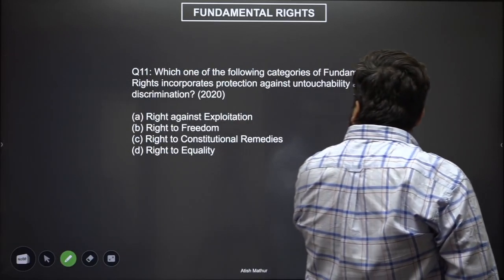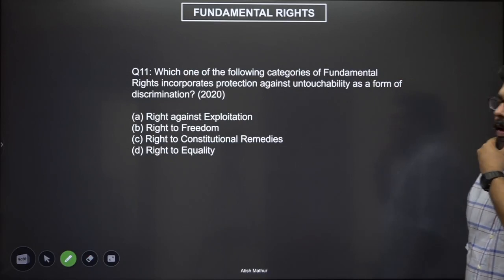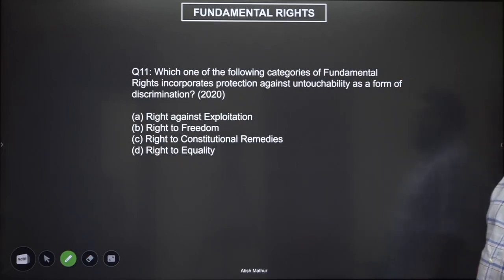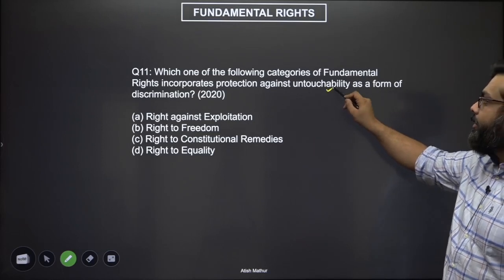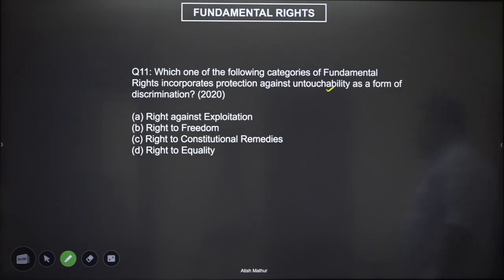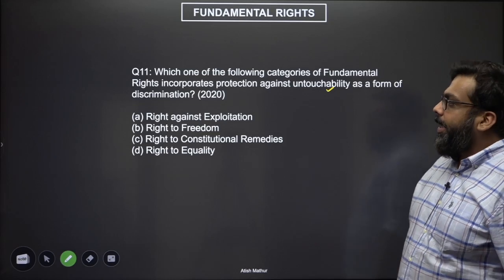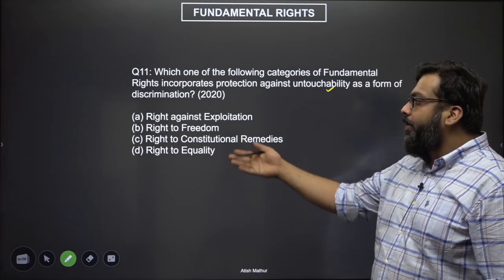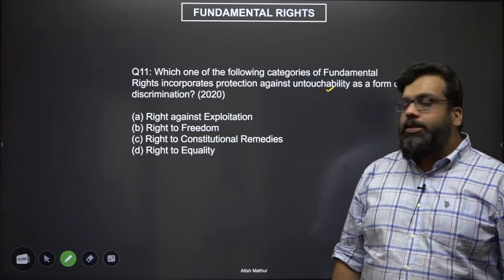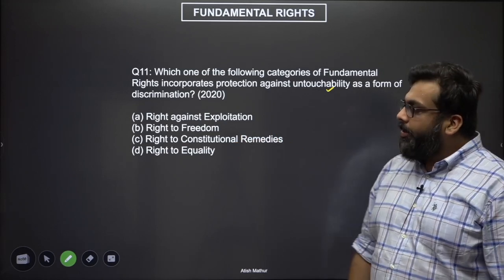Now, question 11. Which of the following categories of fundamental rights incorporates protection against untouchability as a form of discrimination? Right against exploitation, right to freedom, right to constitutional remedies, and right to equality.